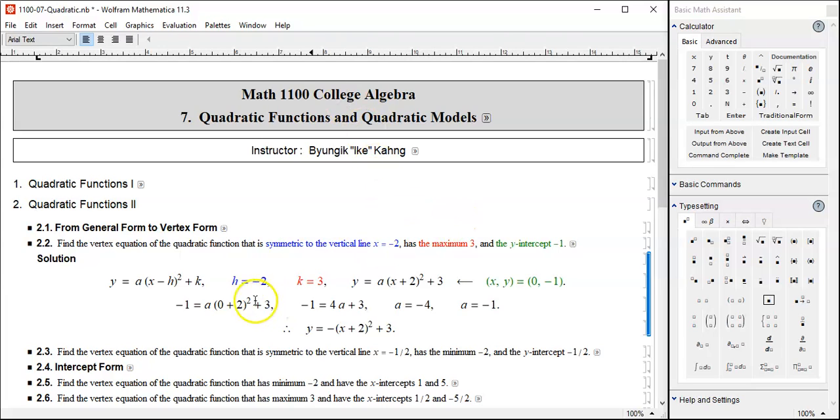So symmetric to the vertical line, blue, maximum 3, red, h value, k value, and we have one more character to determine. We have to find out what a value is, and we use x is 0 and y is negative 1 from the y-intercept.